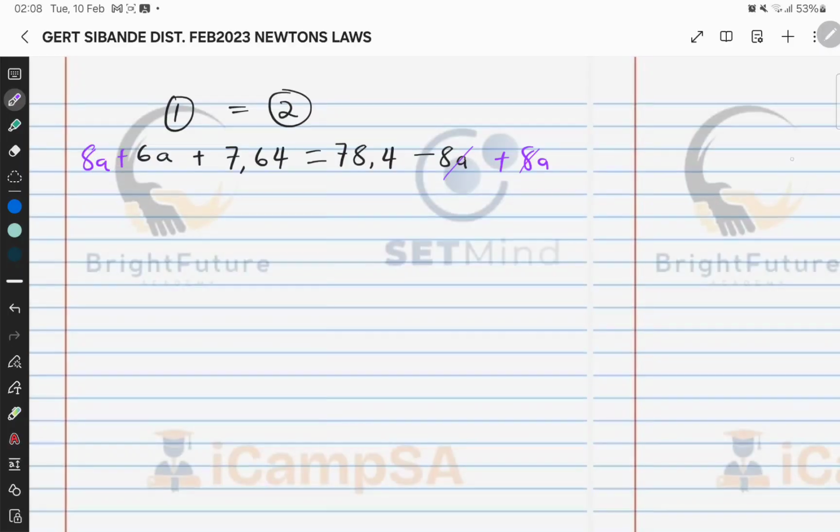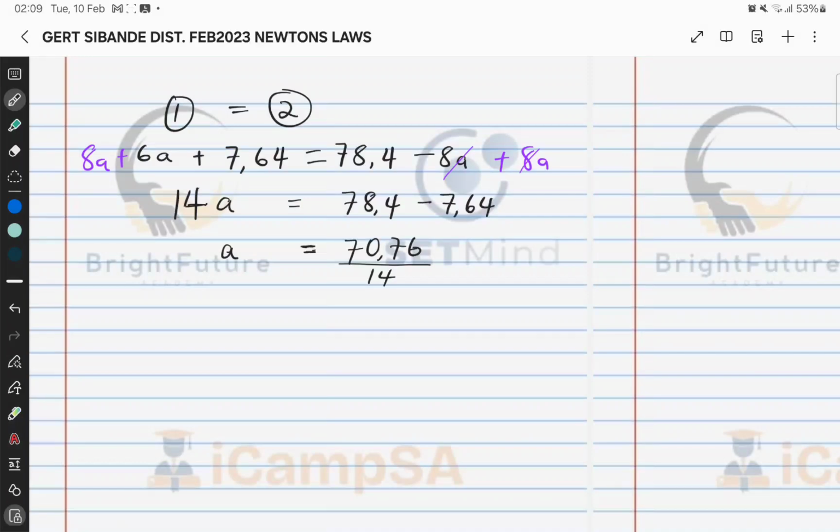Right, and then we solve. From here onward, it's just maths. You can say A is simply 70.76 divided by 14, and then you punch your calculator.